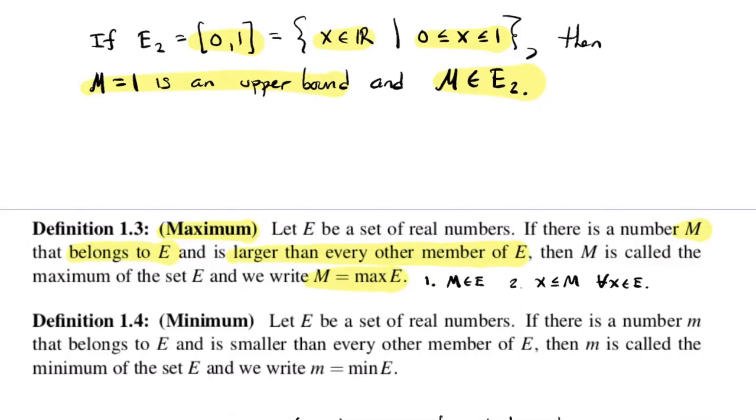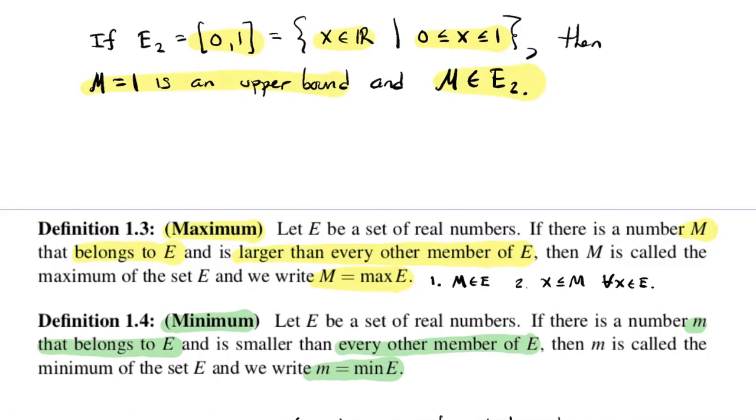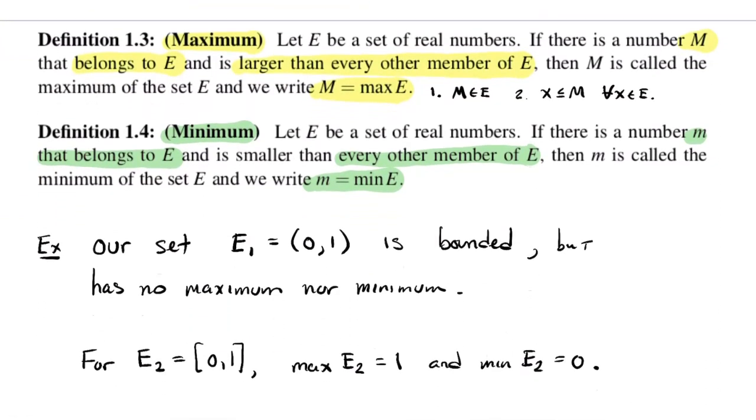Likewise, a lower bound that belongs to the set is called a minimum. So you have a number m that belongs to your set E. It's smaller than every other member of E. It's called a minimum, and it's denoted by min E. So minimum and maximum: two notions related to bounds.